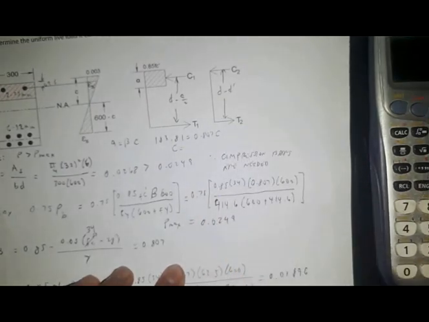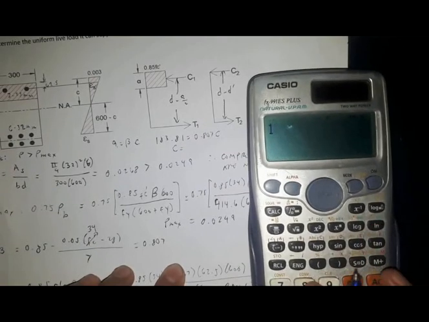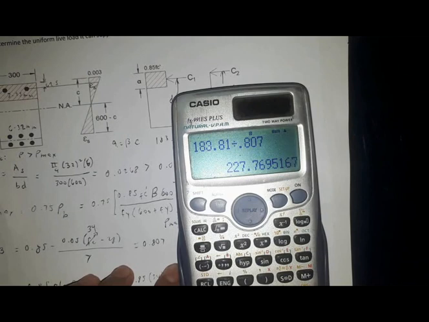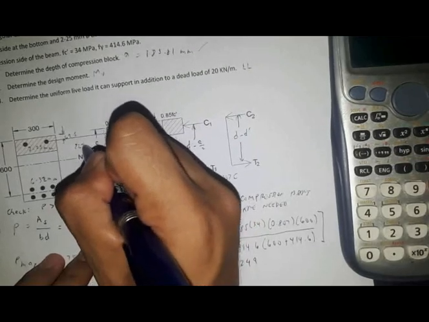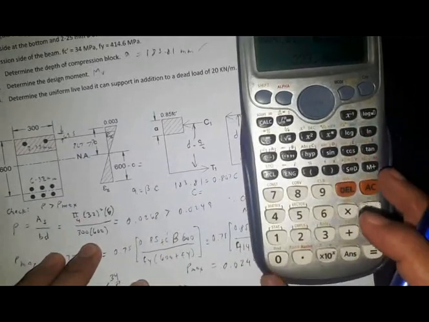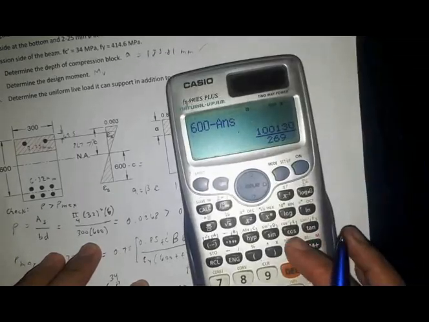Therefore, C equals 183.81 over 0.807, which is 227.77. And 600 minus the earlier value is 372.23.